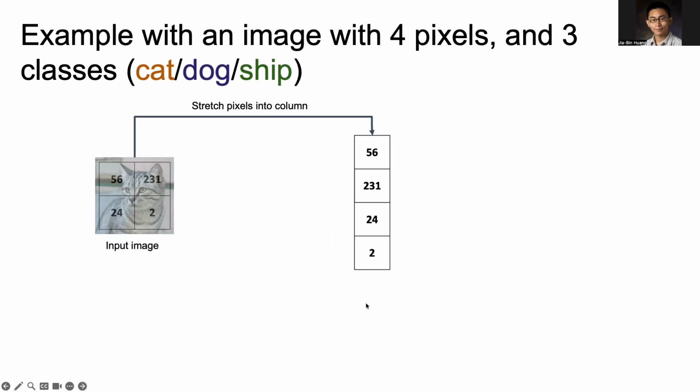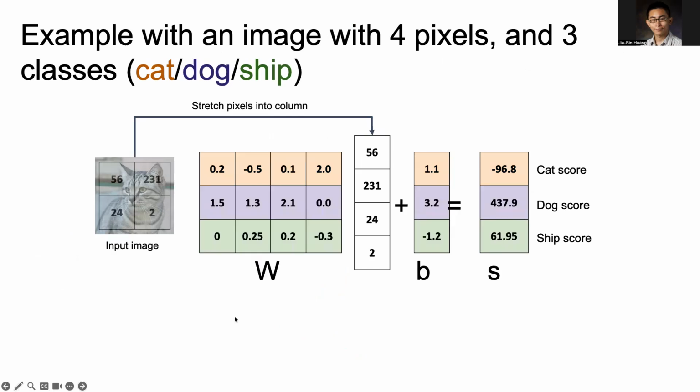Your linear classifier is essentially just W times this X, plus some scalar, which is the bias, called b. This gives you a score for each of the classes. So this is the idea of a linear classifier.